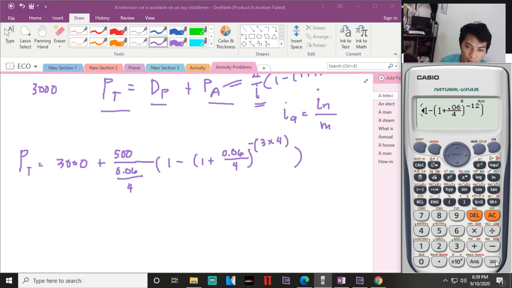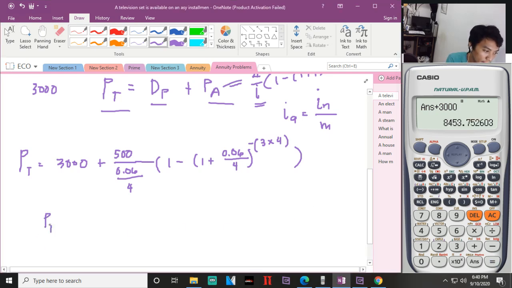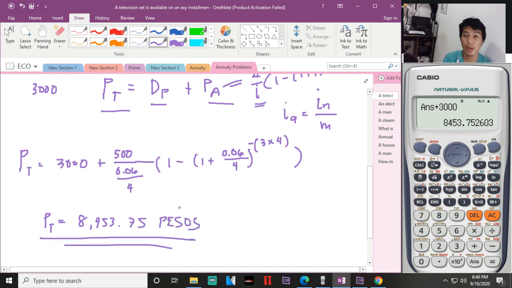And this will be equal to 5,453.75. Kaya lang, hindi pa natin dinadagdag yung ating down payment. So, plus natin ang 3,000. Then, we will arrive with the answer. PT is equal to 8,453.75 pesos. But wait, there's more. Meron tayong calculator technique. We use Caltech pagdating dito.